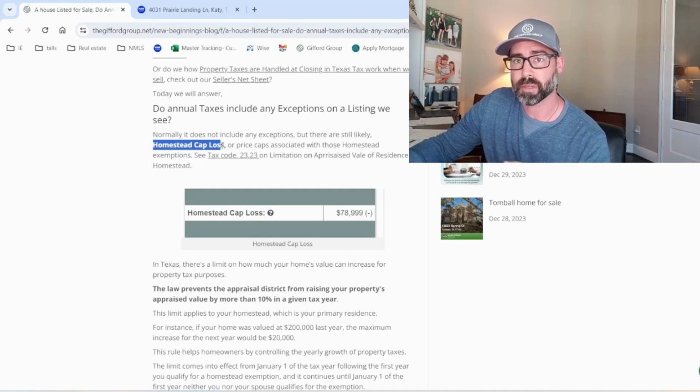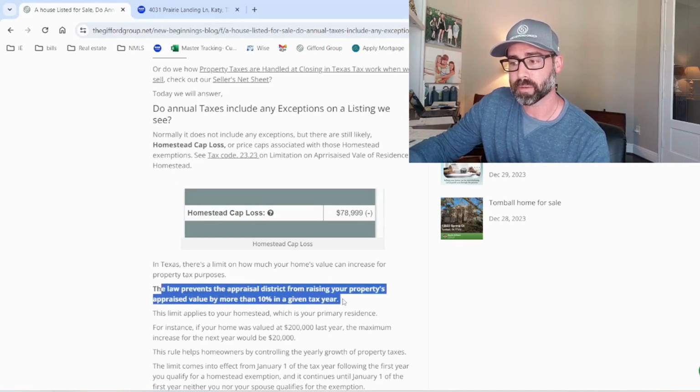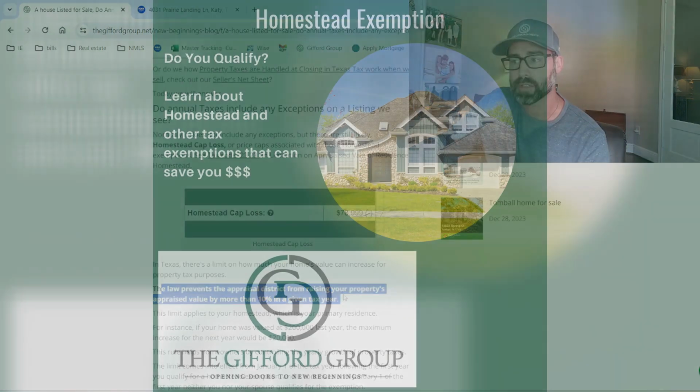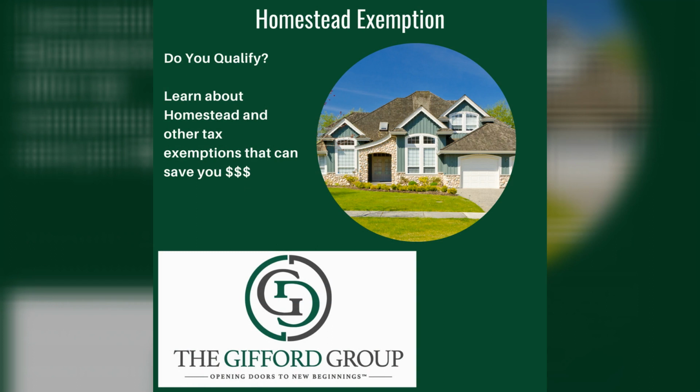If you are interested in buying, contact us and we can help you out. The homestead exemption was already in place, but they raised it from $40,000 to $100,000. What was already in place was that the value of the property can't increase more than 10% each year.